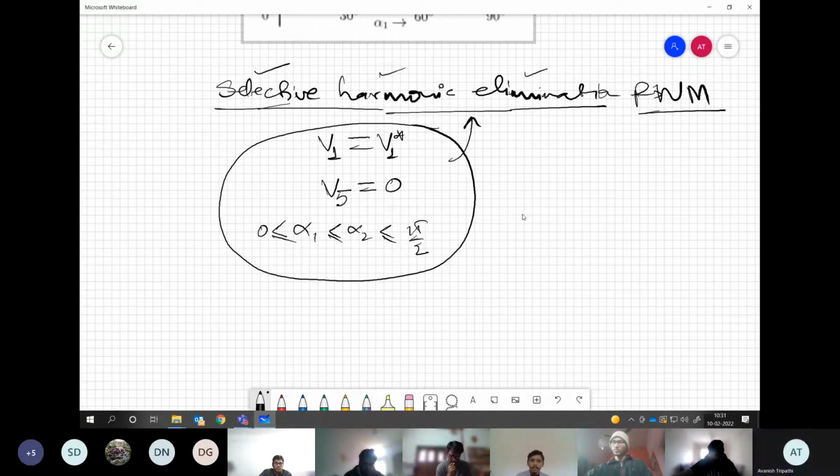Understanding my point? Now somebody may say, why fifth harmonic? Let us say I want to eliminate seventh harmonic. So yes, we can have different SHE PWM technique, which is like having this property.